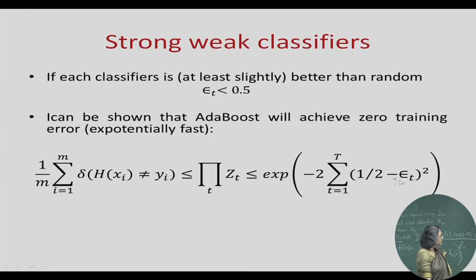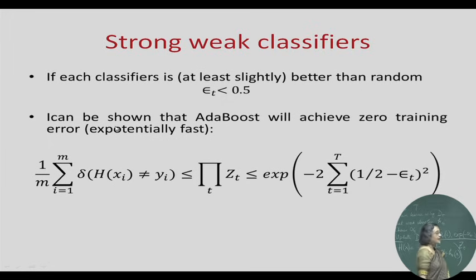So, epsilon t, as I said, has to be less than 0.5. Even if half minus epsilon t is a small number, it need not be very big, it is a fraction less than 1, and as you take this product, as t increases, it will drop to 0 exponentially fast.